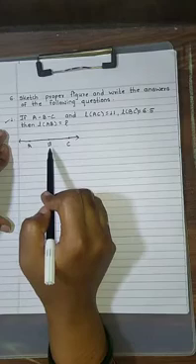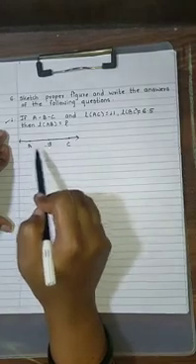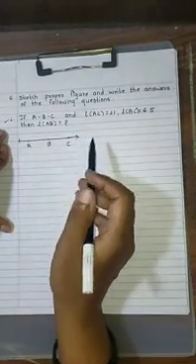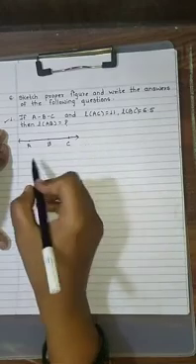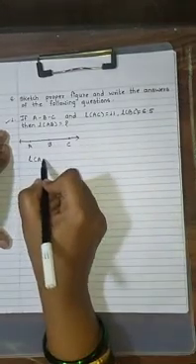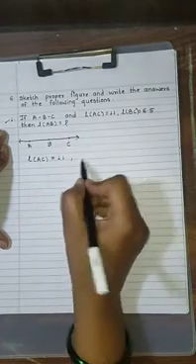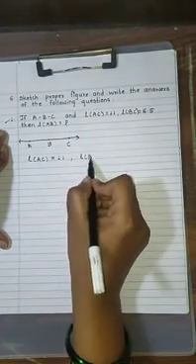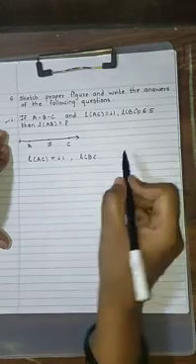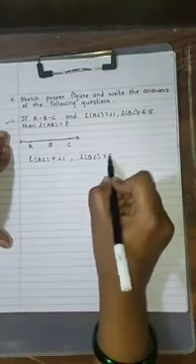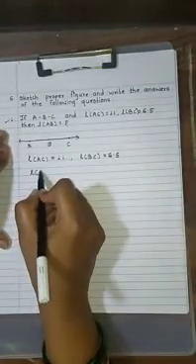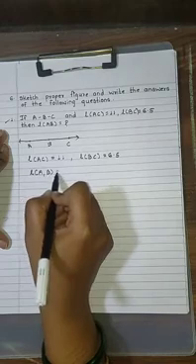That is A dash B dash C, means B is in between A and C. And what they have given? They have given length AC. Total length AC is how much? 11. Length BC. How much is BC? BC is 6.5. And you have to find out length AB.